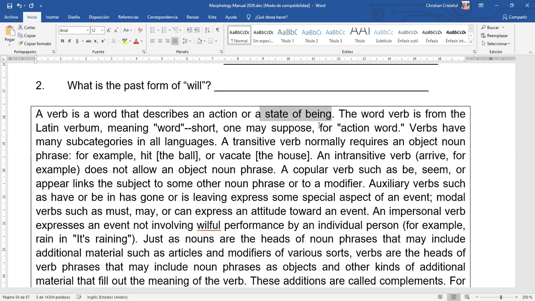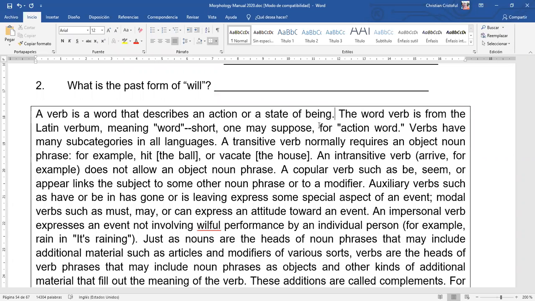For example, in the sentence "I am", "am" is the verb and is not an action, it's a state. I think, I'm not sure if think is an action, but it's a state, I would say.